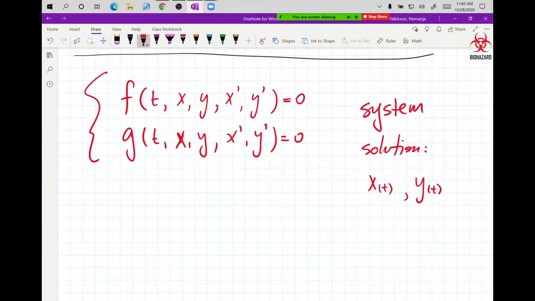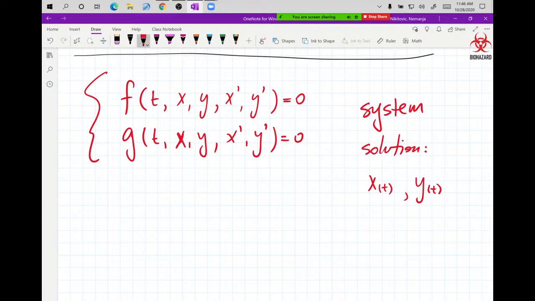So your old systems from pre-calculus and algebra, two equations and two unknowns, had a point x comma y as a solution, and then you can plug in your x and your y and check the answer, making sure that the solution is valid.